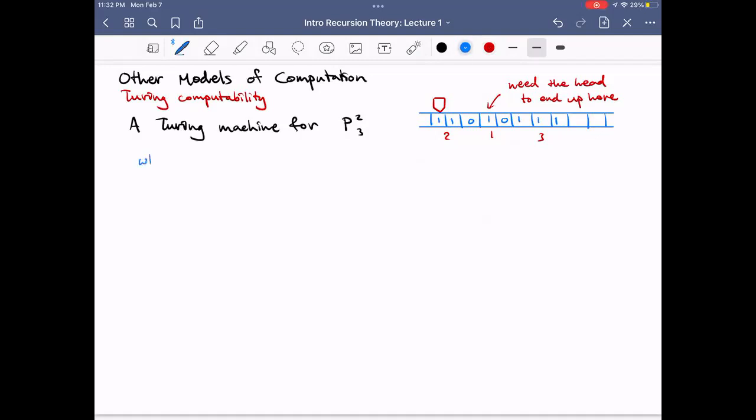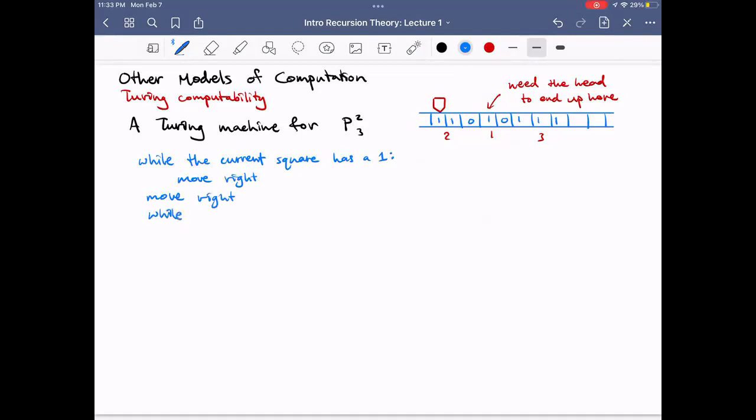So what is that Turing machine going to do? Well, let's write some sort of description of what it does and then try to write down an actual Turing machine. So what we need to do is, well, the current square is 1. We should move to the right. That will bring us to the end of the first block of ones. We should then move to the right again to enter the second block of ones.